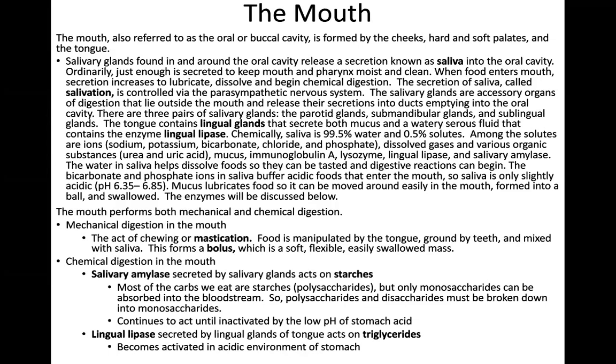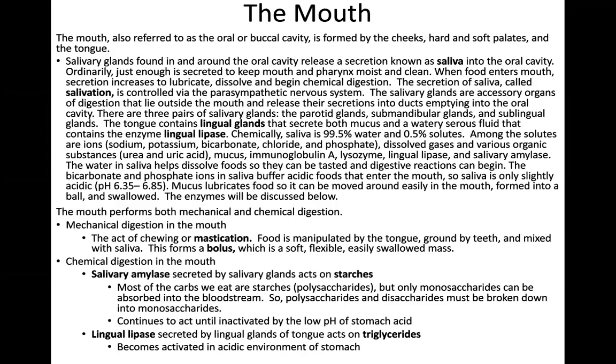The water in our saliva helps dissolve foods so they can be tasted. We talked about that back in that lecture on sensations. But also saliva helps with beginning digestion inside the mouth. And bicarbonate and phosphate ions in our saliva help buffer acidic foods that enter our mouth.